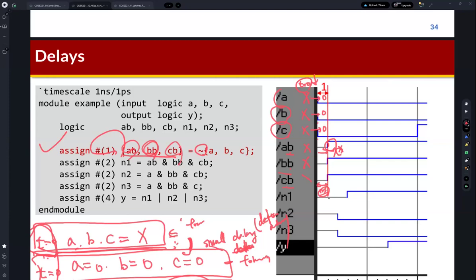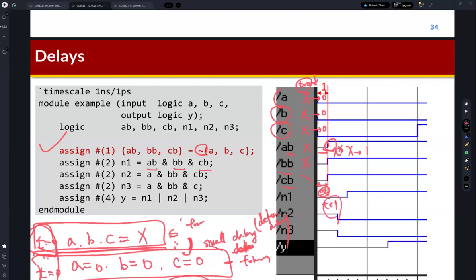So then you can find that for this second assignment, the value is changed from x (don't care) to 1 at time t equal 1, right?